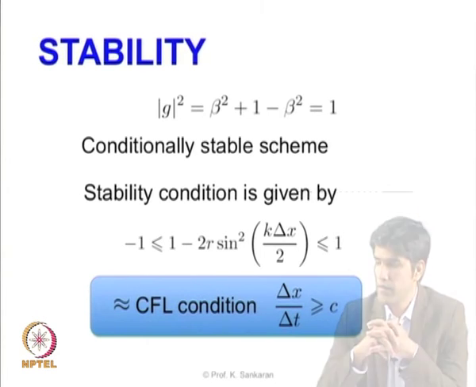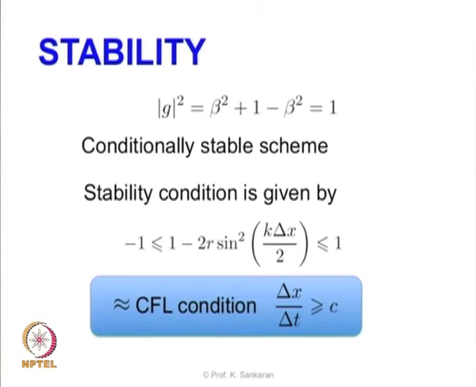So what you see here is a CFL-like condition, which is nothing but delta x by delta t should be greater than or equal to c.